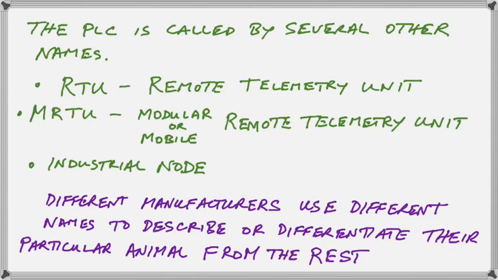Different manufacturers use different names to differentiate their particular product from the others on the market. So you would expect that everybody will not call it by the same name.